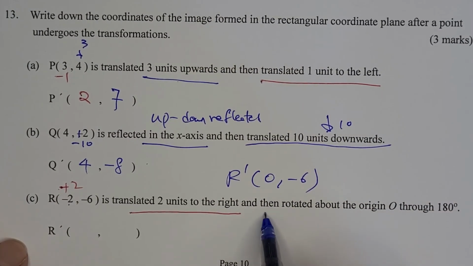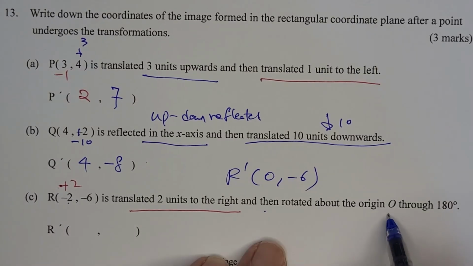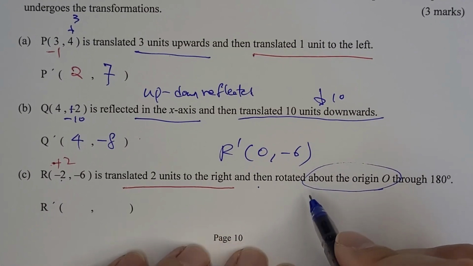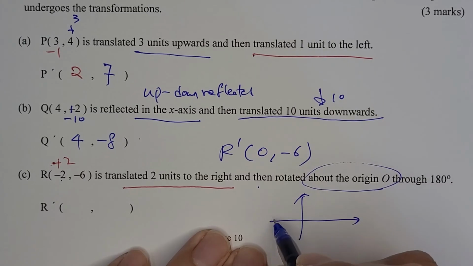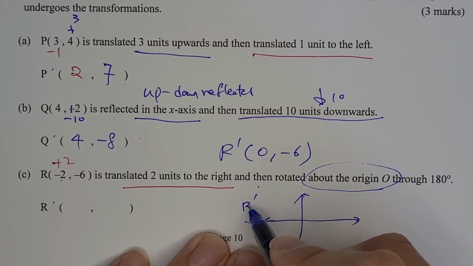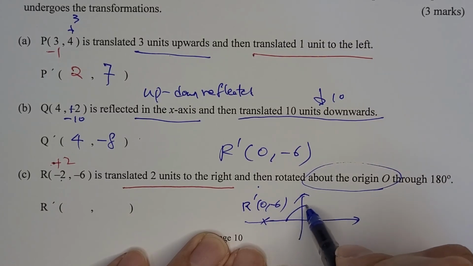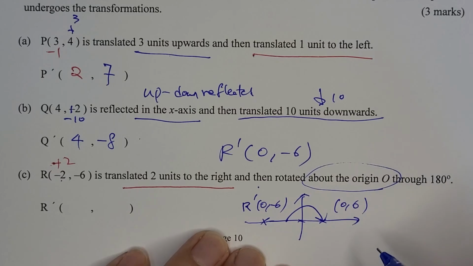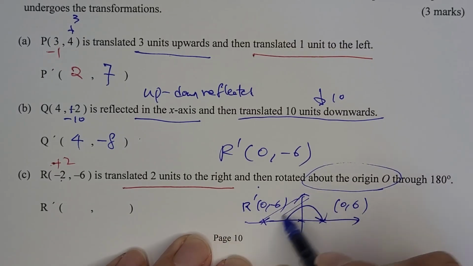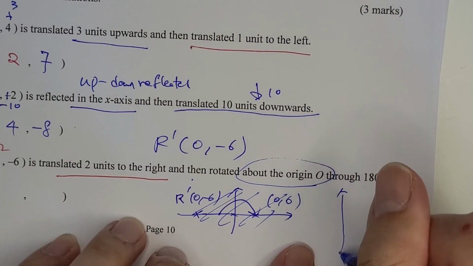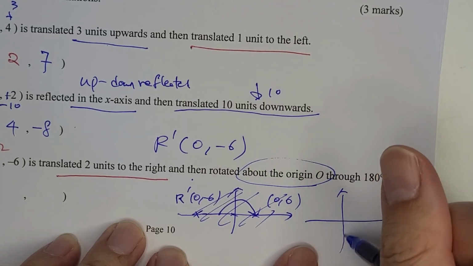And then the second action, rotate 180 degrees about the origin. So try to draw the graph. R prime (0, -6) rotated through 180 degrees. So it moved back to positive. Sorry, I drew it wrong. (0, -6) here.